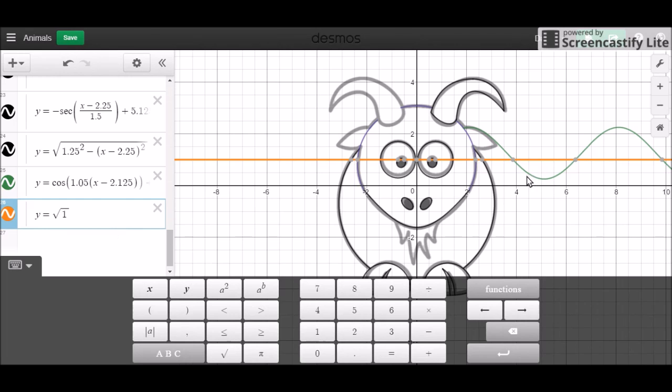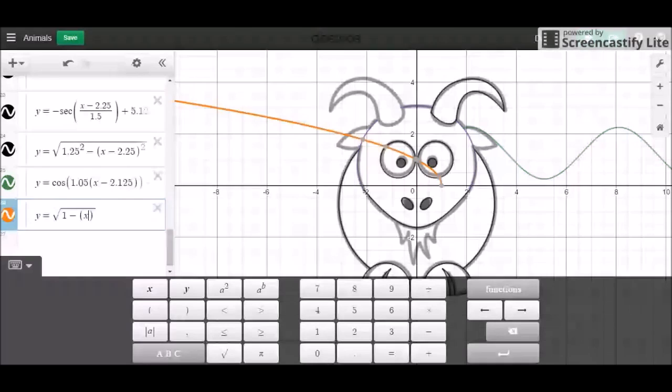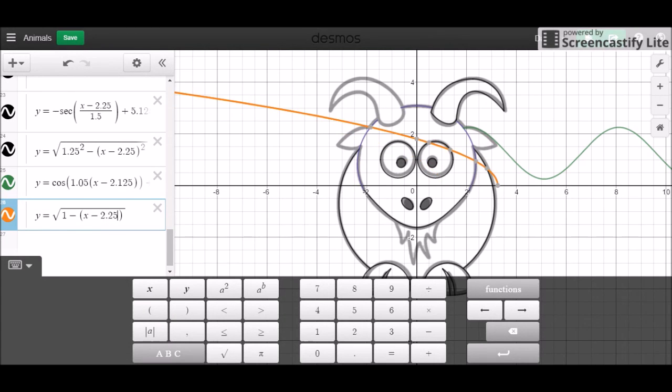If you take a segment of it, you can usually fit it with a parabola. So we can do 1 minus, I believe, x minus 2 1/4 squared.